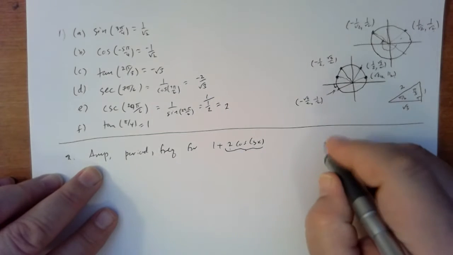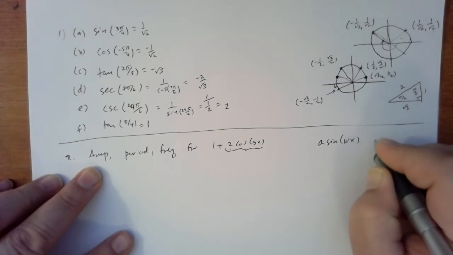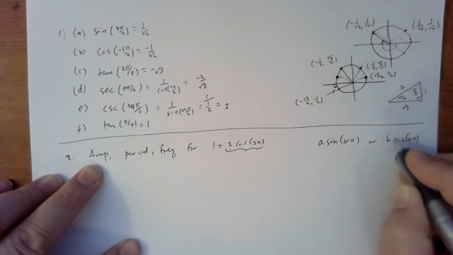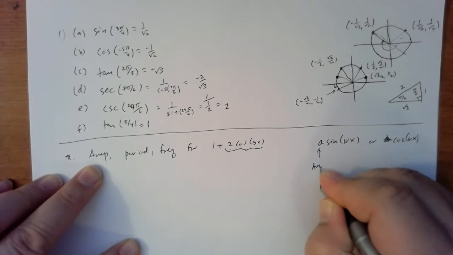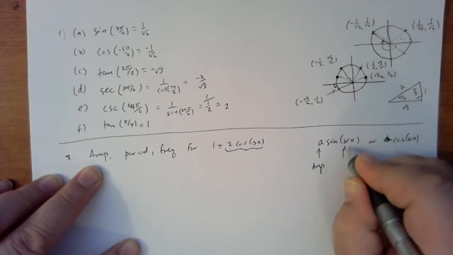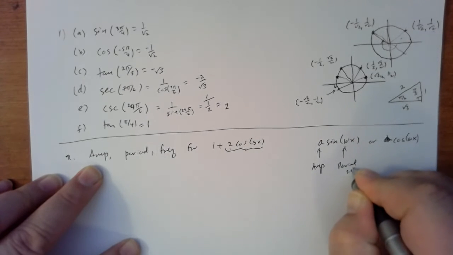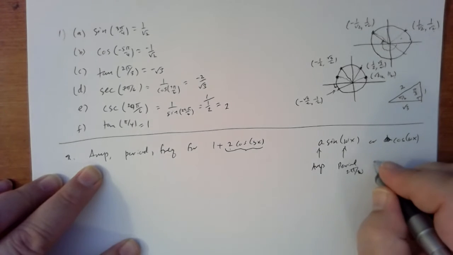And so when you're working with a sine of omega x or b cosine of omega x, I guess I could make that a too, then the a is the amplitude, and then the period comes off of the omega. The period is actually 2 pi over omega. And then the frequency is 1 over the period.